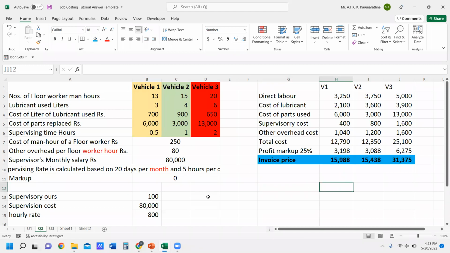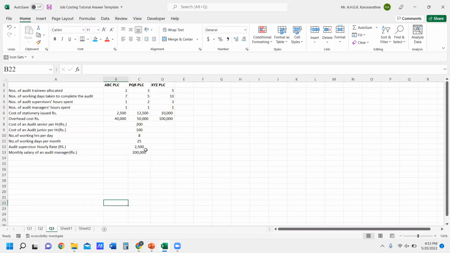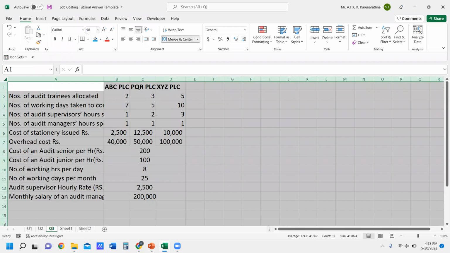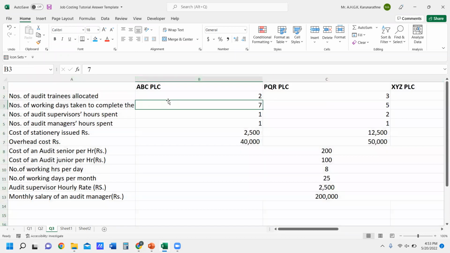Okay, so we have one more activity that is, I think, very relevant for you. I know you all are accounting students, so this activity is about your internship. I'm not going to take too much time to explain this, but I will discuss this example next week.